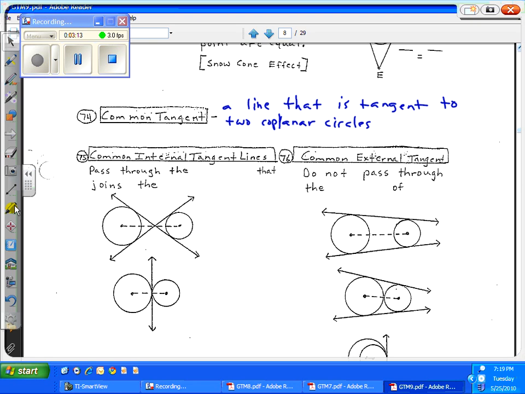Common tangent lines could be said to be internally tangent, or they could be said to be externally tangent. So we have a common tangent line. It is a line that is tangent to two coplanar circles.